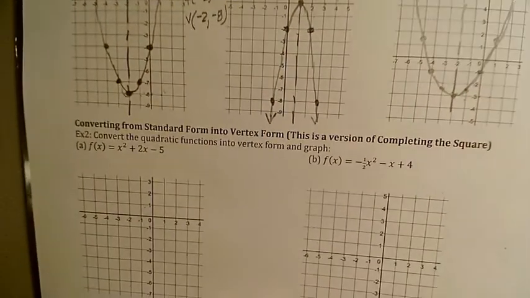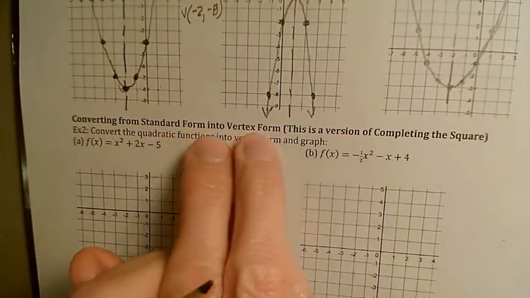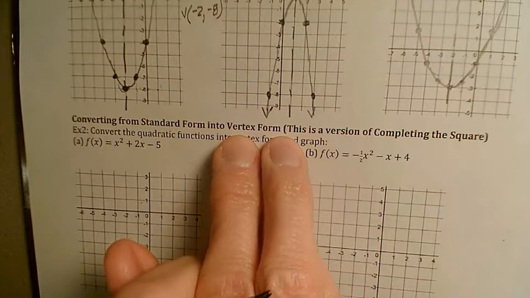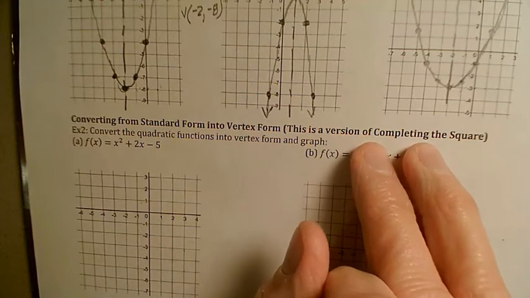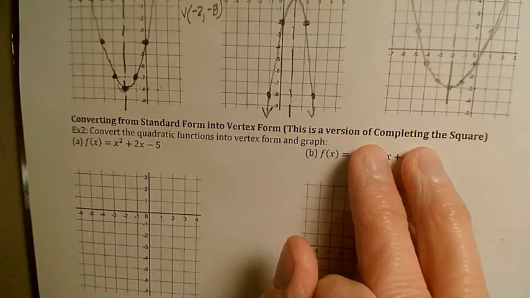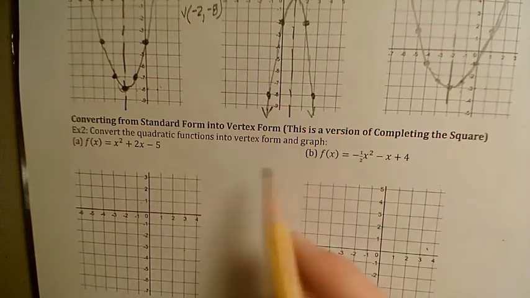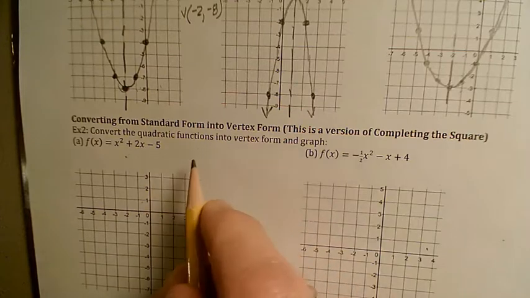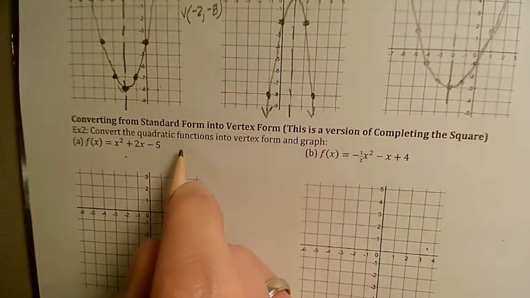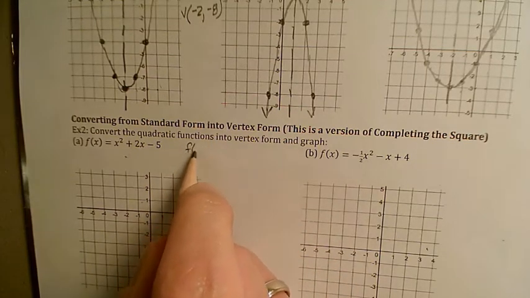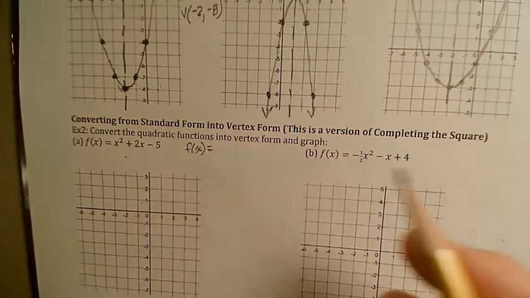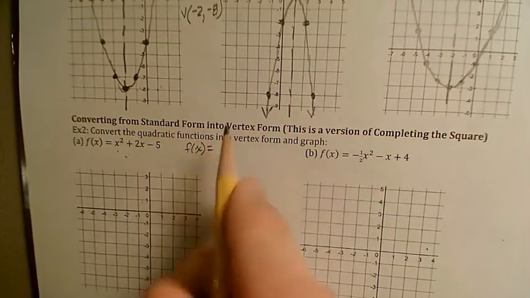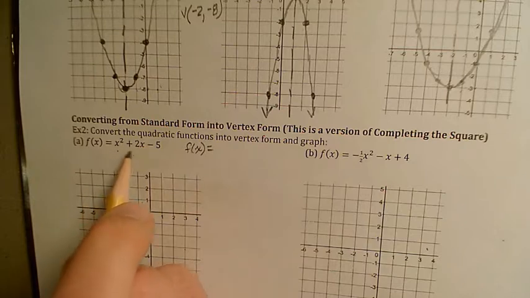All right. Converting now from standard form to vertex form. This is going to seem a lot like completing the square. So I'm going to kind of rewrite number A over to the side so that we have some room to work. So we have f of x equals, and then I'm going to complete the square for these.